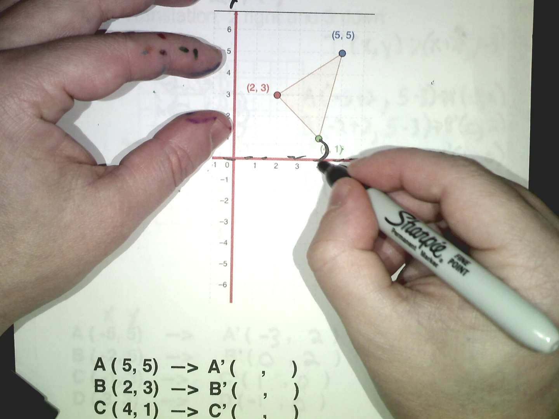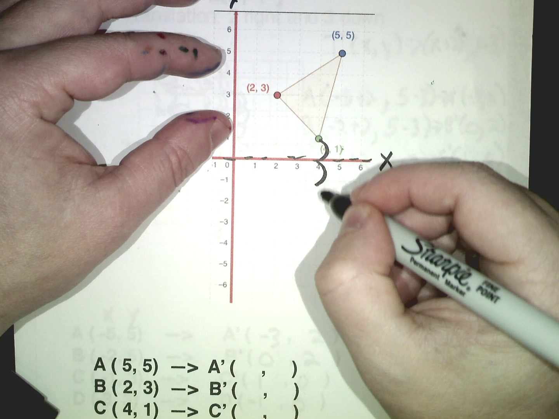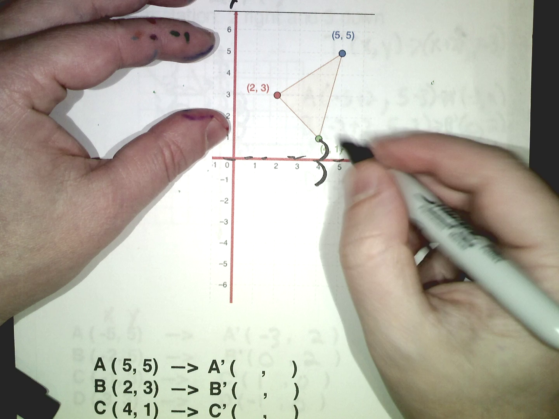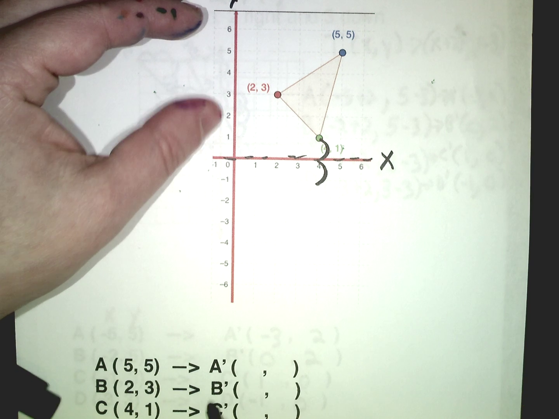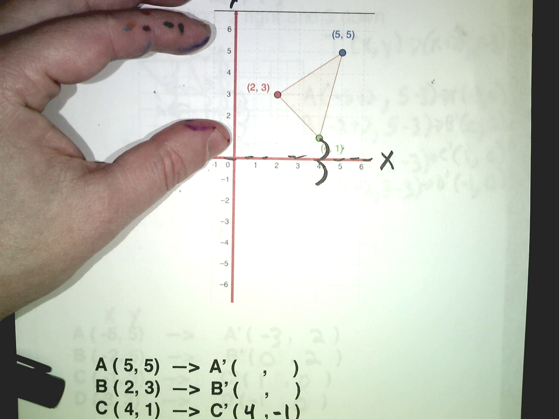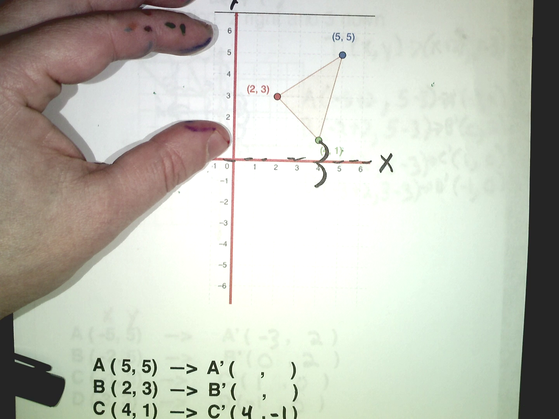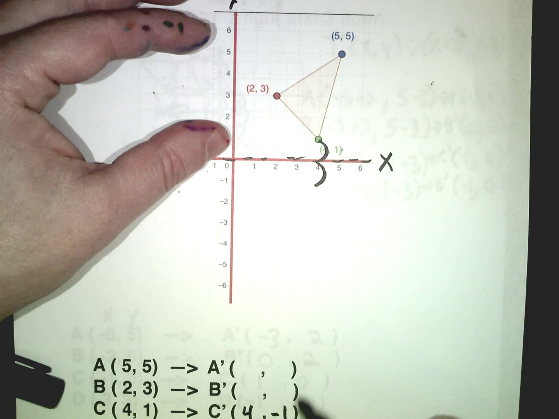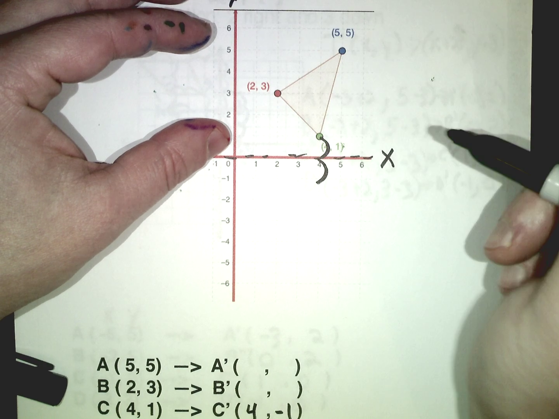So then I have to go 1 away on the other side. So my C, which is 4, 1, is now 4, comma, negative 1. X stayed the same. Y changed from 1 to -1.